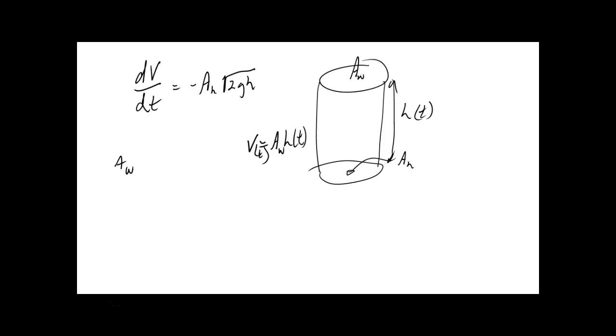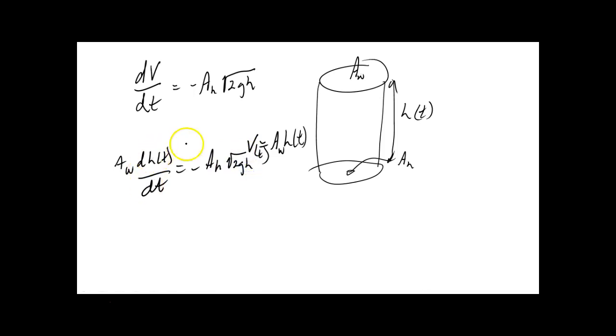It's not the peach down at Chilton County, Clanton, okay? It's not that tank. This is a cylindrical tank, okay? And dV/dt would then be, if this is V, A is a constant area, and then it would be dh(t)/dt, and that's equal to minus A of the hole times the square root of 2gh.